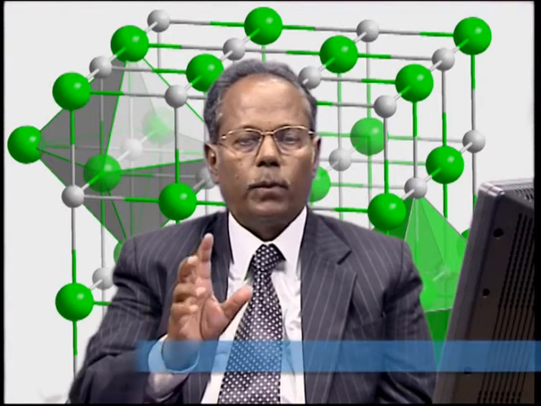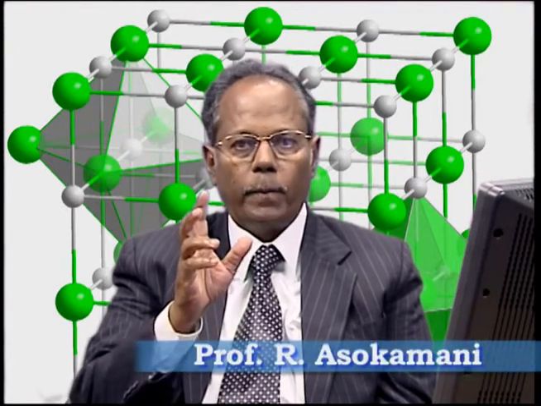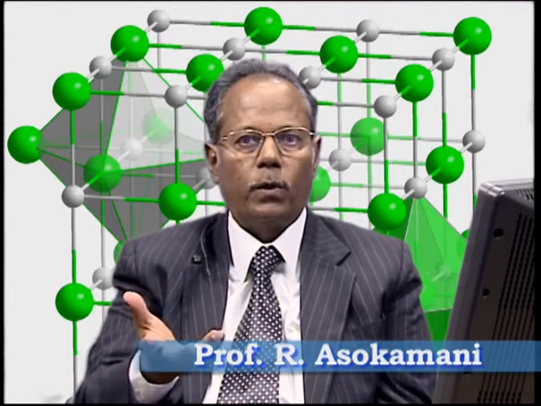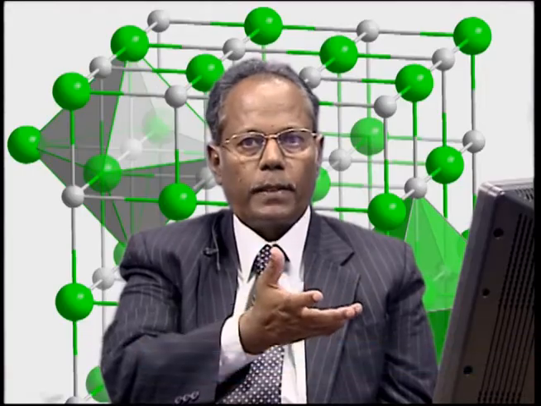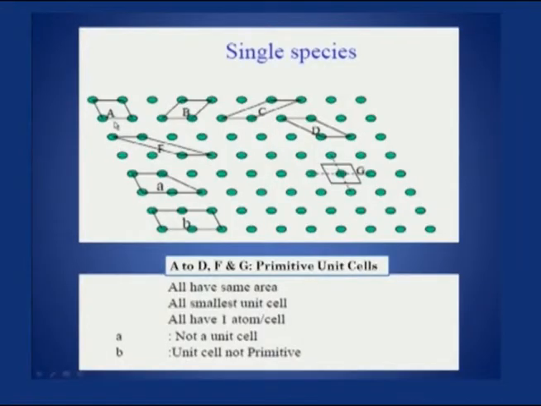Now, let us look at both the primitive cells and the compound unit cells about which we talked. From this picture, can you show which are the primitive lattices and which is a compound unit cell?